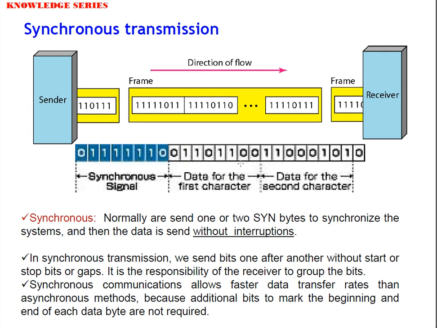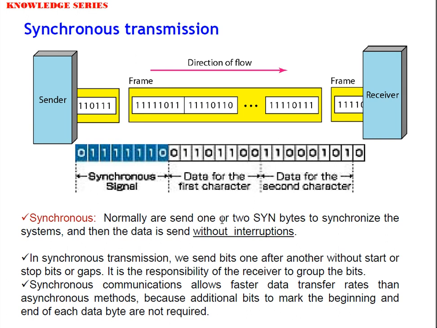So this shows how the data is being synchronized in proper order, and this collection of bits is put under one stream, or the direction of flow is shown like this, and you will find that all the bits are serial. It is moving from one end to the other end.